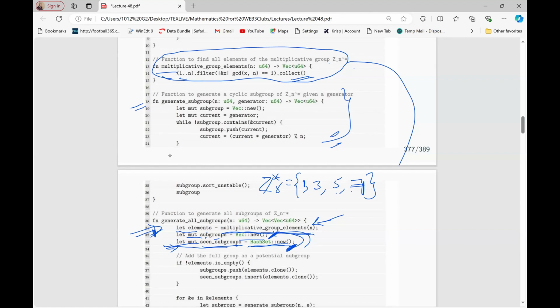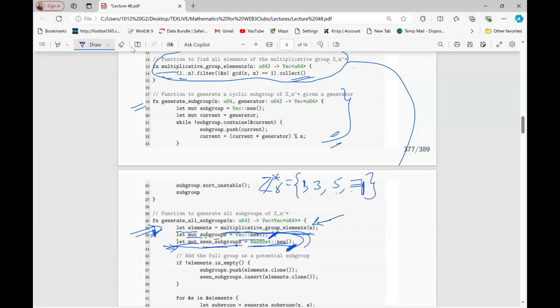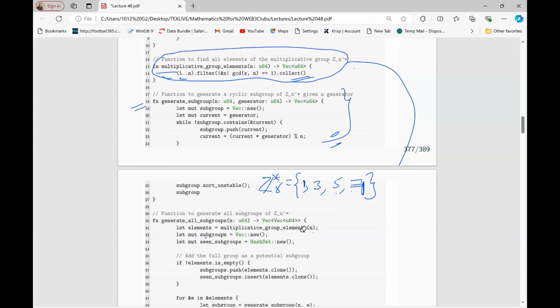So you must have this hash set just to ensure that they're not duplicates. Again, it's mutable. That means it begins empty. You can see there's an empty vector there for storing, and you'll be storing those groups, and so on.